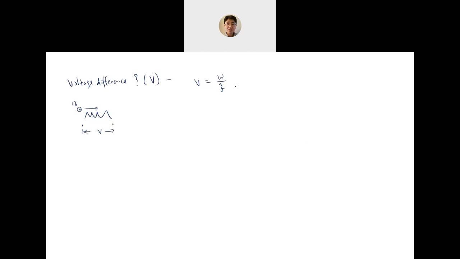Sometimes that is written as delta U over Q, where delta U is the electric potential difference between two points.